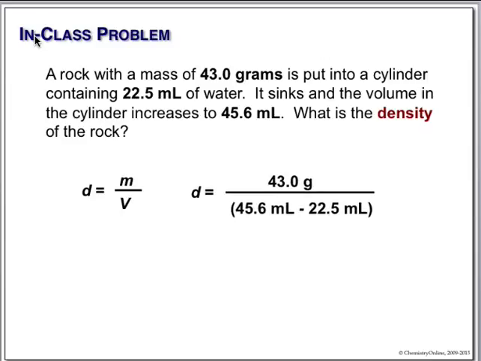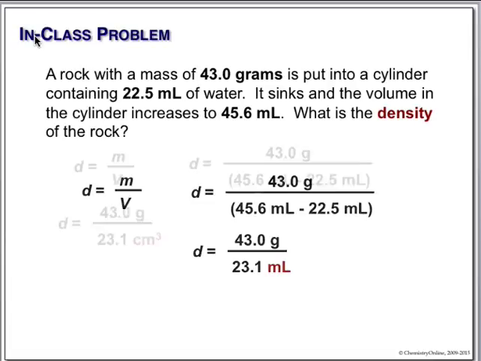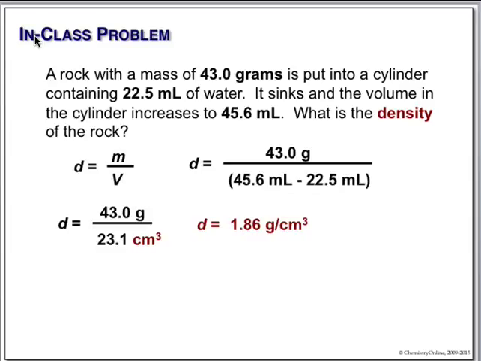Remember, milliliters and cubic centimeters are the same thing. Do our subtraction. This thing has a volume of 23.1 mils. Do our division, and we get 1.86 grams per cubic centimeter. Also, you could write it as 1.86 grams per mil.